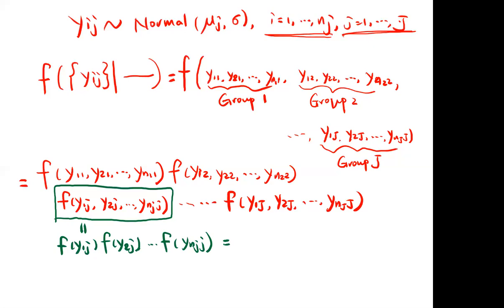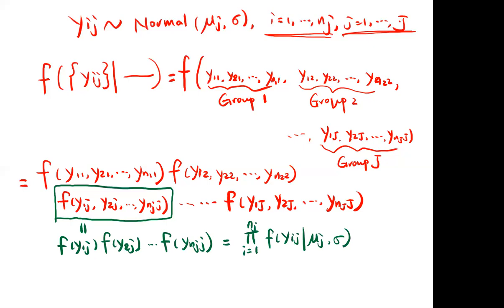If I generically write yij given mu j and sigma, I put the given here because I know those are the parameters I'll be working with. Later it's not necessary, but you would know that's what you're going to need. The product goes from 1 to nj, because I have nj observations.